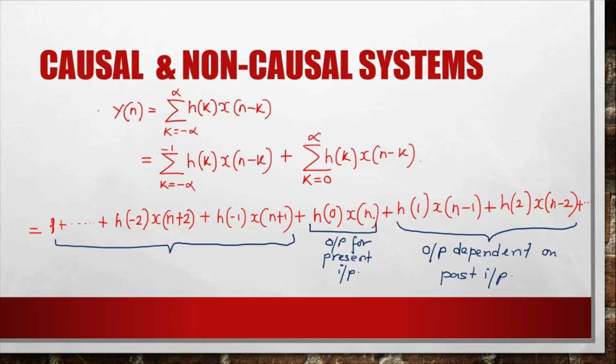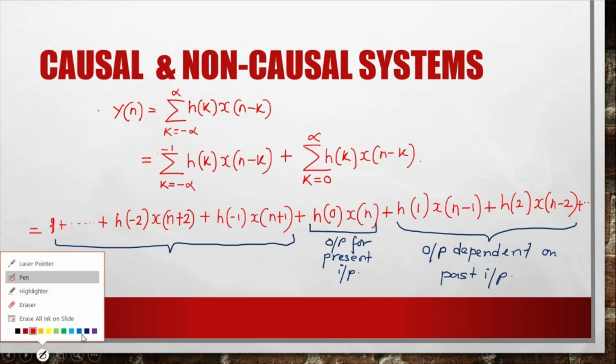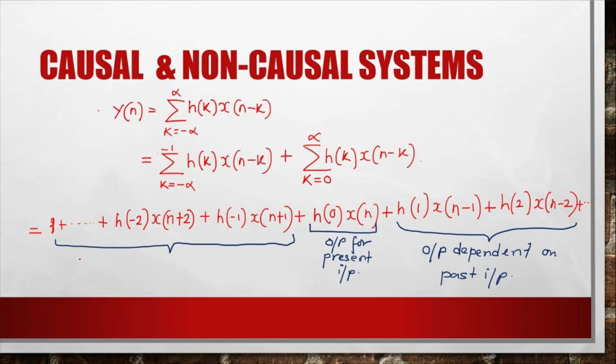So if n is the present instant, naturally x of n plus 1 is the input of a future instant. So this part gives us the output of future inputs. These outputs are dependent on the future inputs.